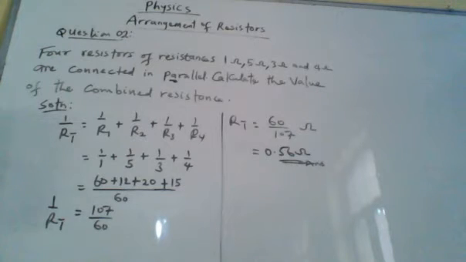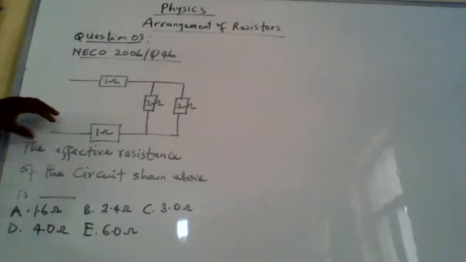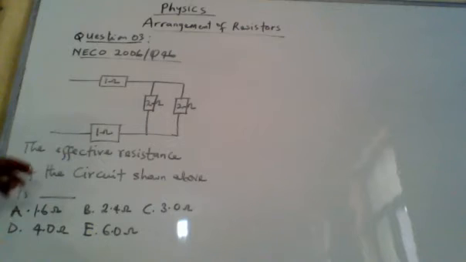Let's look at a more advanced question on this. Question 3 is coming from NECO 2006 question 46. It's an objective question. We have to calculate the effective resistance of the circuit shown above.